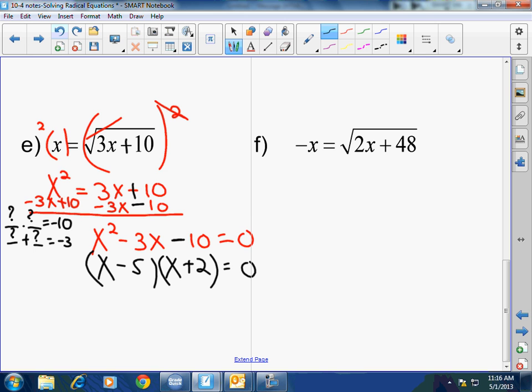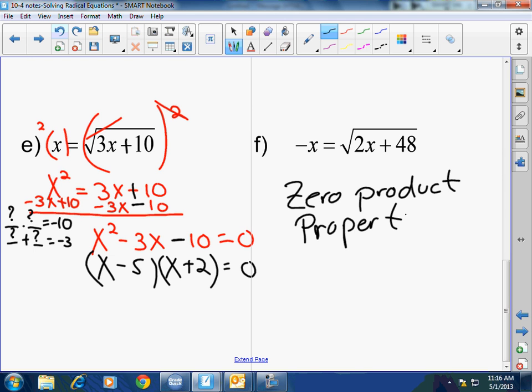Okay, guys. I've got to introduce to you something that's called the zero product property. And the zero product property allows us to solve this equation here. The zero product property states that if A times B equals 0, then A equals 0 or B equals 0.